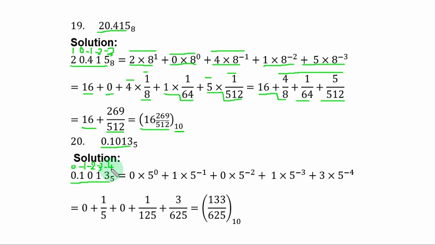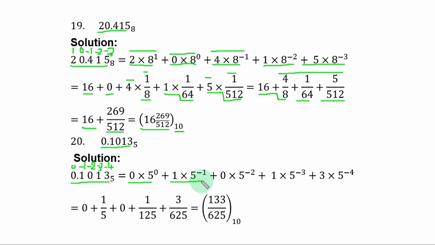So you multiply each digit by 5 and you attach the position value to the base.